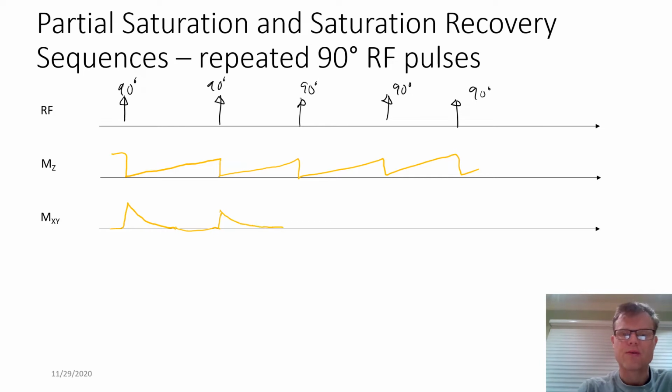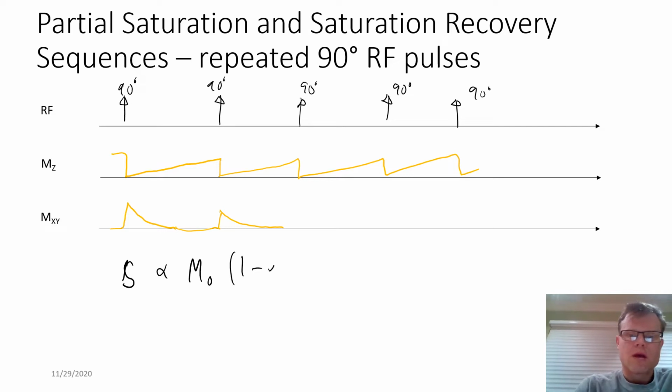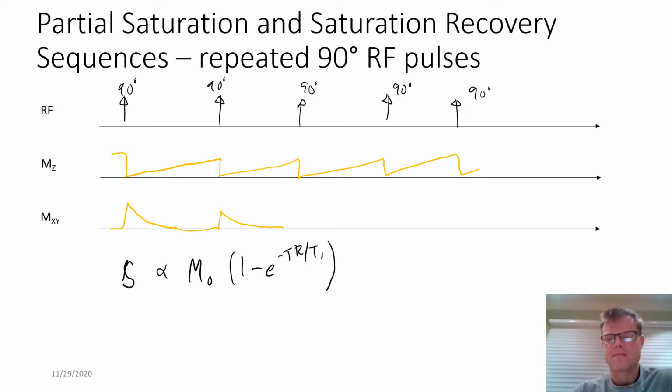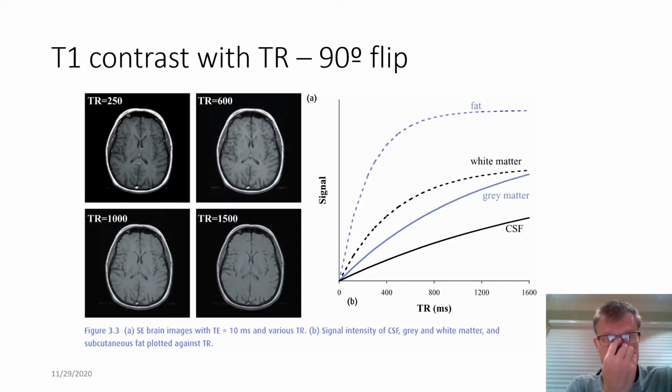But because we have incomplete T1 recovery, we have this equation that the signal is proportional to a function of TR over T1 here. That signal curve, and here are some examples in the brain or in the head, is the expected signal as a function of TR for different T1 values.